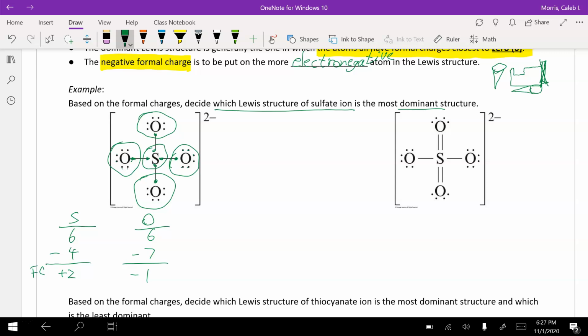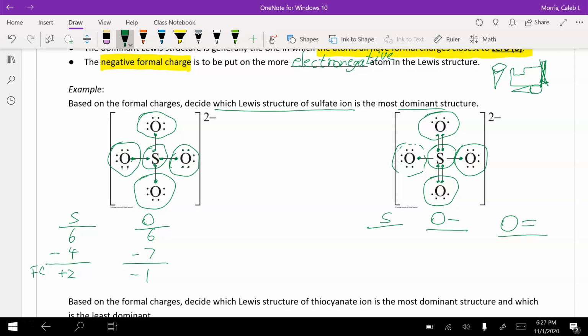Now if we look at the other version, it's another Lewis structure of the same substance, the same ion, which is the sulfate ion. Circle each atom, and we've got to count up our assigned electrons. All right, so we have sulfur, we have oxygen with a single bond, and we also have oxygen with a double bond.